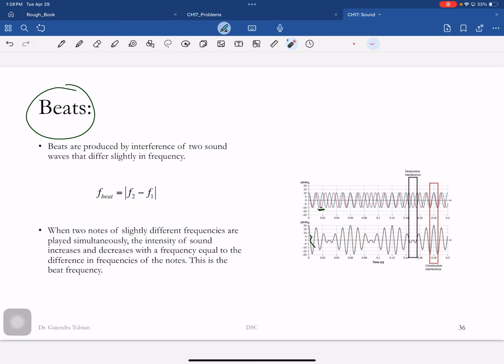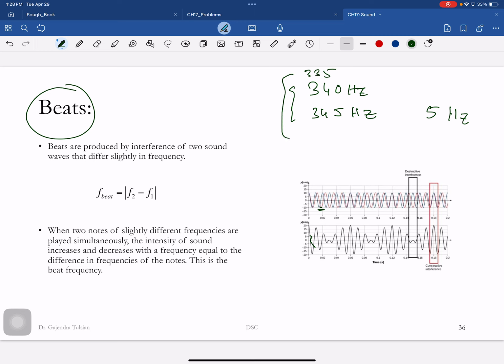For instance, if you play two frequencies, 340 hertz and 345 hertz, you'll hear a sound whose intensity increases and decreases at 5 hertz. This will happen whether you play 335 or 345. The beat frequency will be the same.